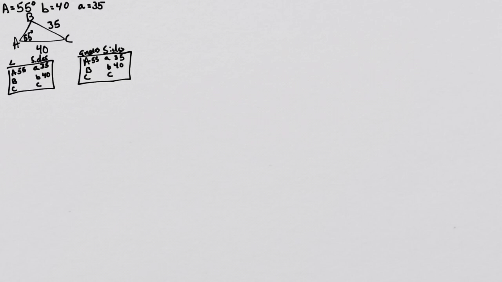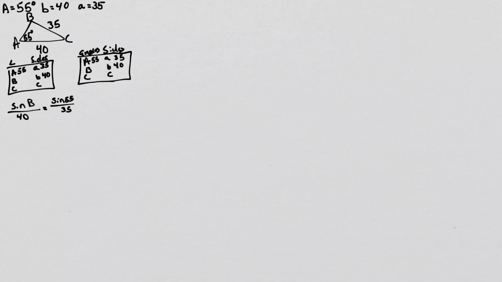So the first thing I'm going to do is find angle B. We're going to use the law of sines, so we set this up using angle A and side A. So we are going to do sine B divided by side B, which is 40, equals sine of 55 divided by 35.